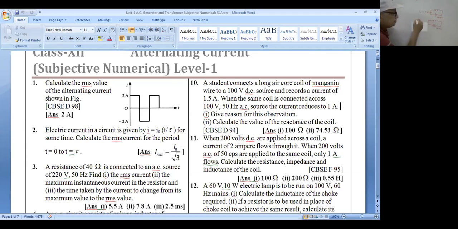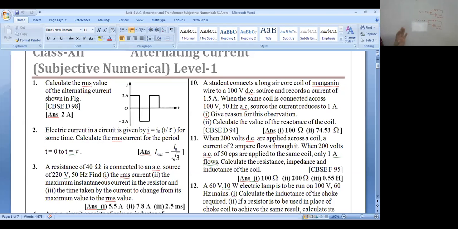In this case we are getting the current 1 ampere. We are not changing the source, 100 volt. We are not changing the coil. Even then, why does the difference of current come here?